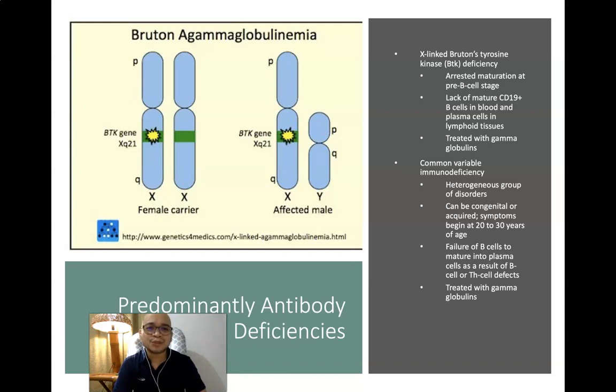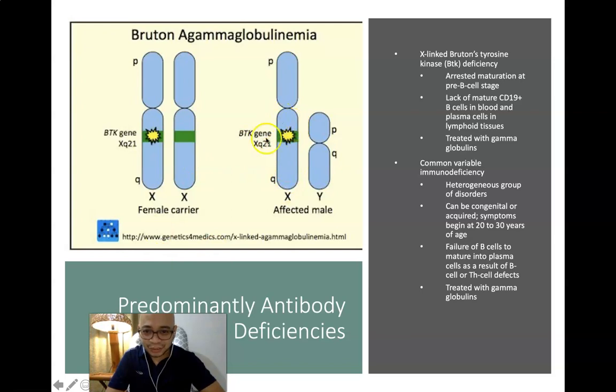It is due to the BTK gene, the locus of which is found on the long arm of the X chromosome, particularly the area of Xq21.